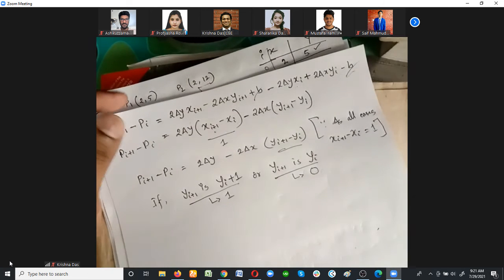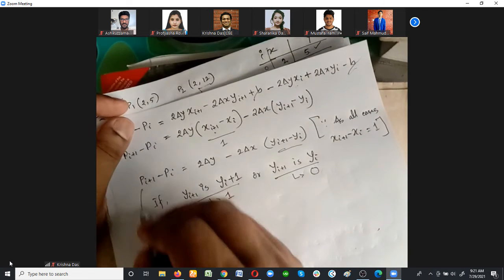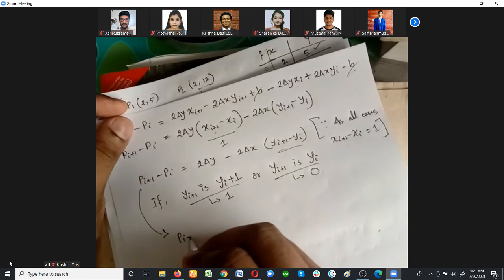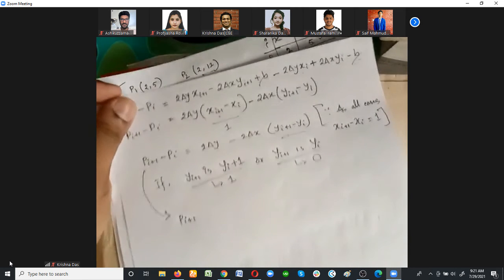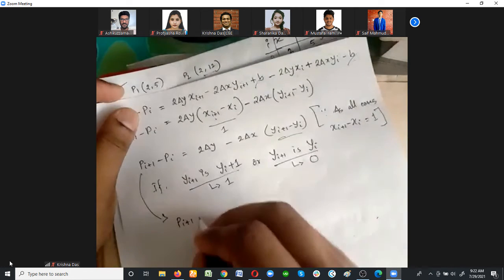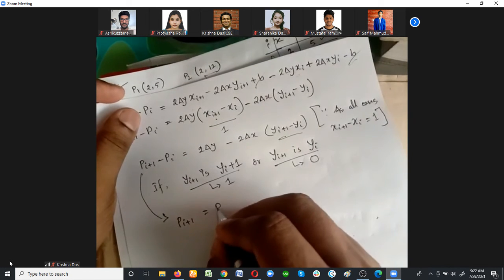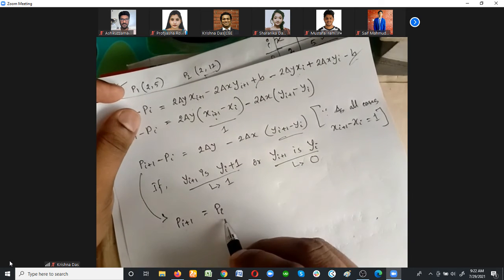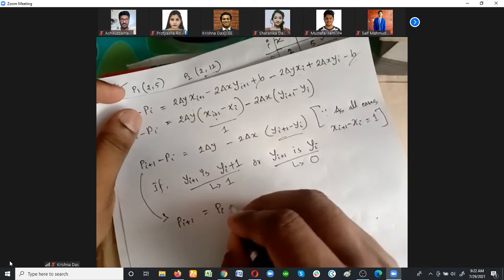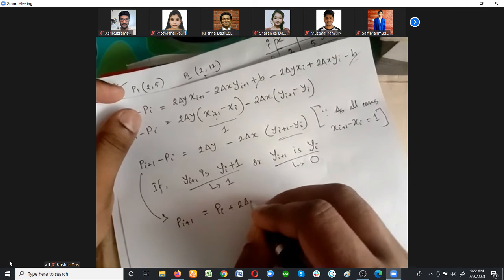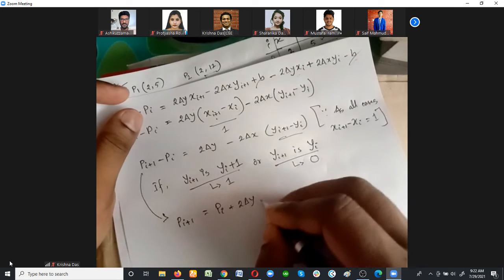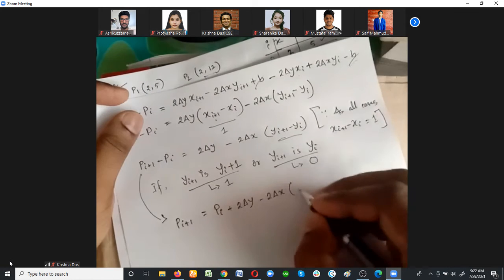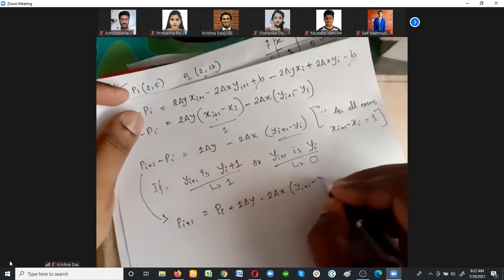Now from here, because we are going to make an equation for pi plus 1, we take pi to the other side, so pi plus 1, the next value of the decision parameter, will be the previous value plus 2 del y, minus 2 del x times yi plus 1 minus yi.